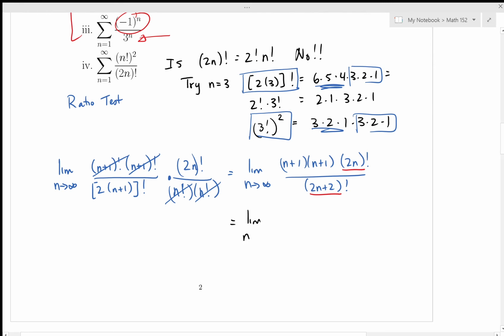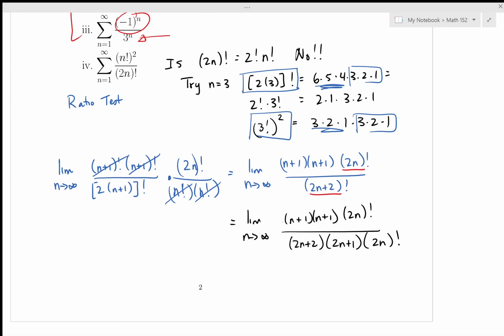Limit as n goes to infinity. Those two (n+1)s are going to stay there, and then I'm going to have that 2n factorial. Then I look at the denominator this way: (2n+2) factorial looks like (2n+2) times (2n+1) times 2n factorial. I take the first two terms out from that factorial, and that's a very nice situation because these things will cancel.